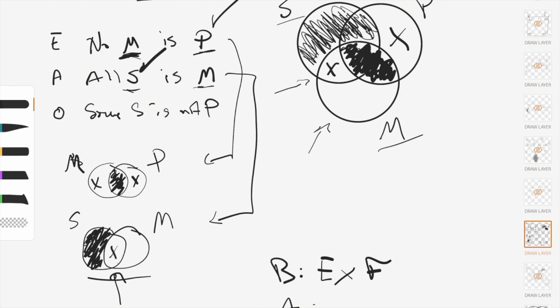Now let's go back to our indefinite X. After we've done all our definite X's, is there an X on the diagram that can do double duty for an indefinite X? And the answer is yes. This X that we put on to represent the S that's an M is a definite X that can do double duty for the indefinite X we needed for the major premise, which is at least one M outside of P. So there's our diagram.